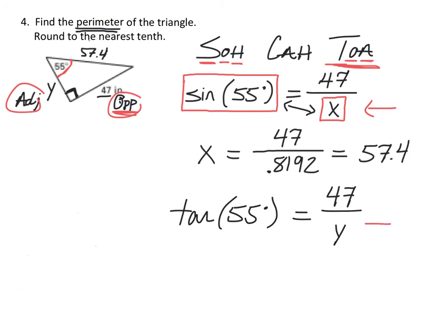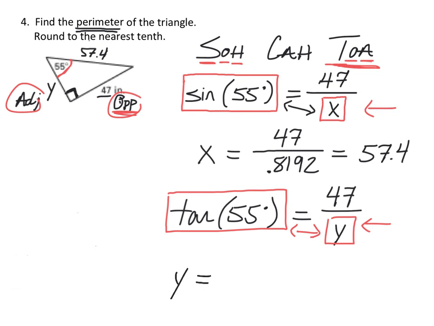Now, once again, my variable is in the denominator, so I'm going to use that shortcut that I discussed earlier, and I'm going to take these two pieces, that tan 55 and my variable, and they're going to switch places. So I know y is going to be equal to 47 over tangent of 55 degrees.